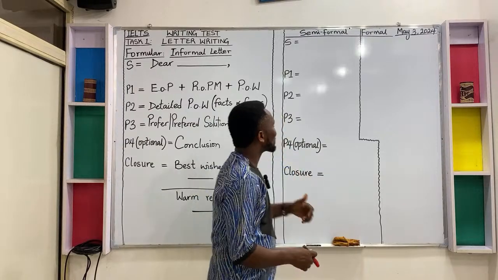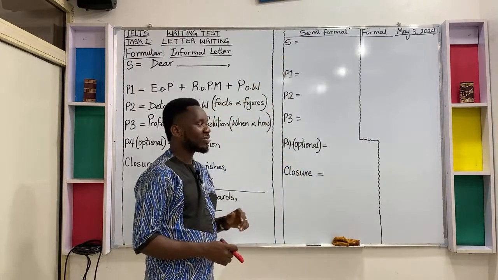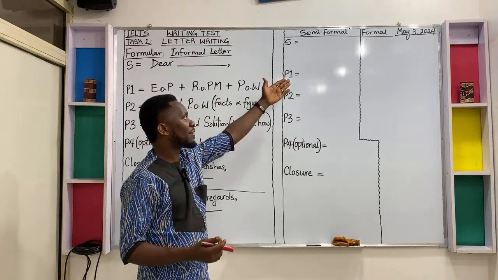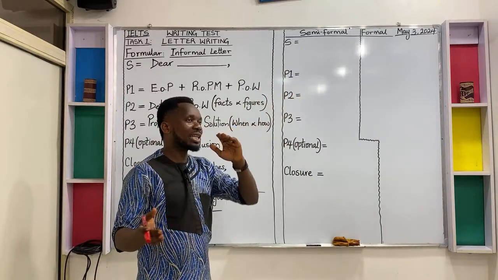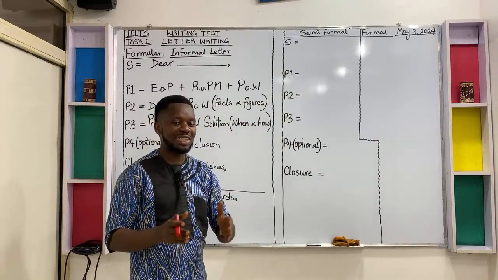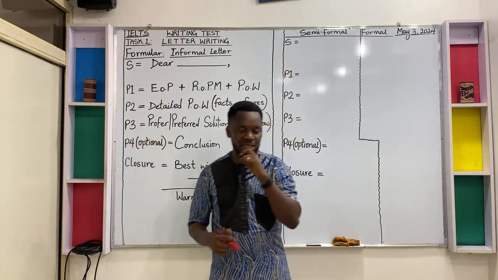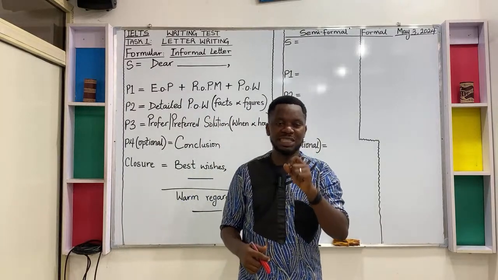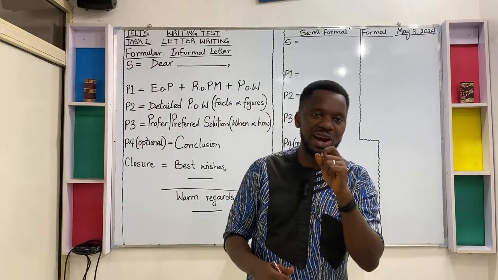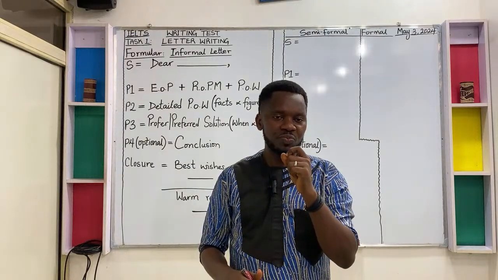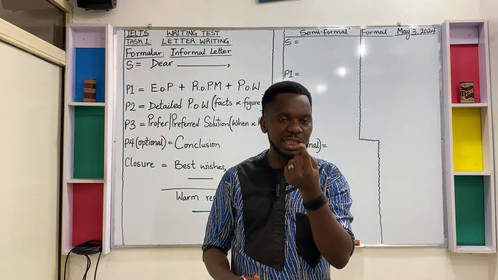All right, thank you. Now let me explain. I'm sure you were trying to establish that semi-formal letters are usually in between formal and informal letters, right? Just for your note taking, semi-formal letters are letters we write to people we have an official relationship with.